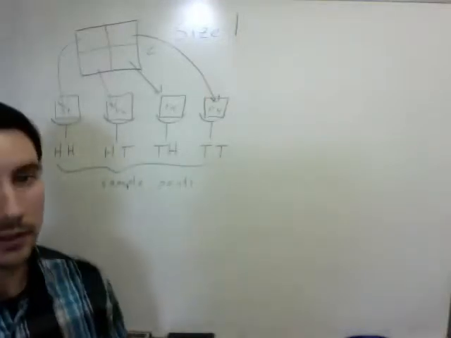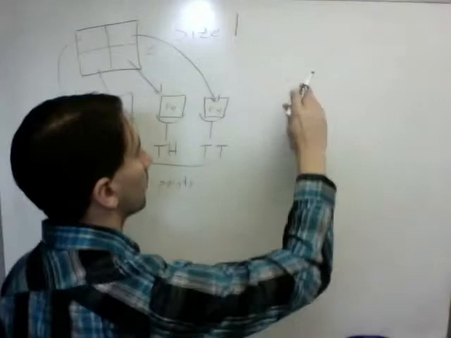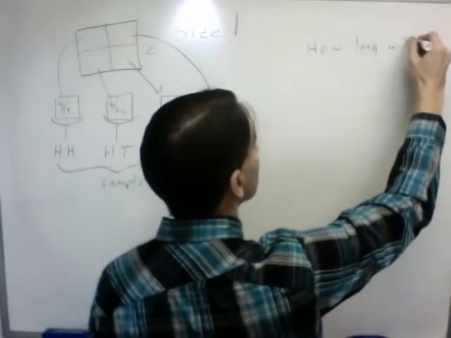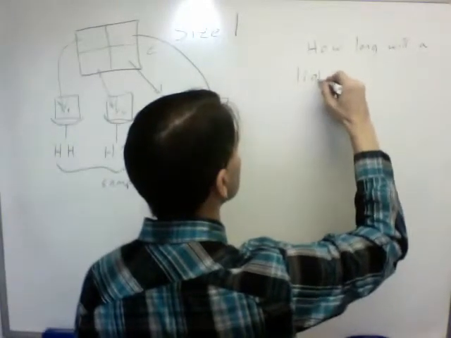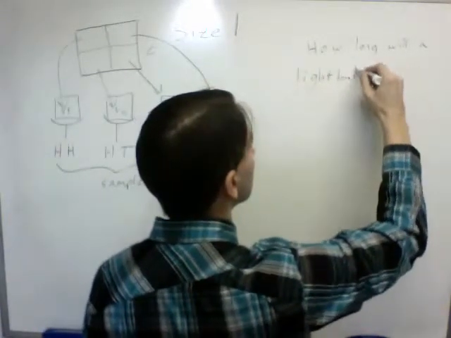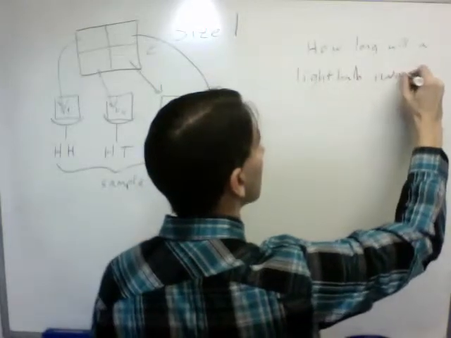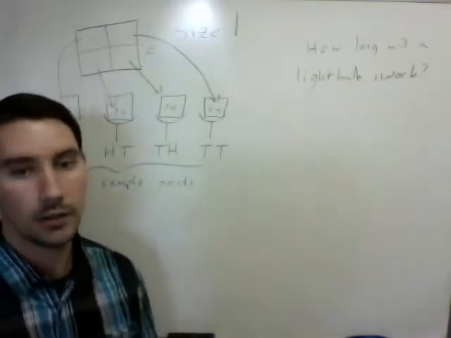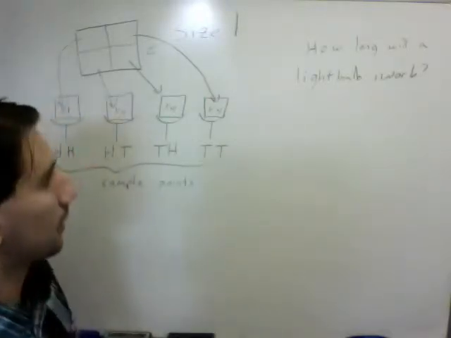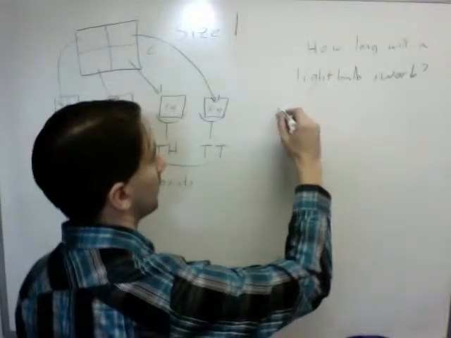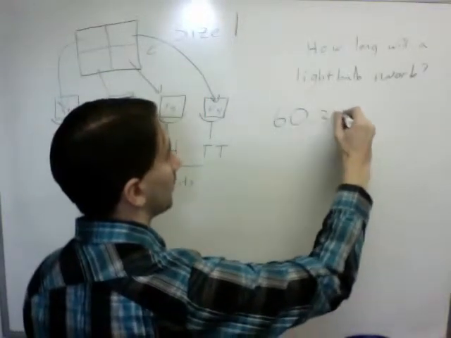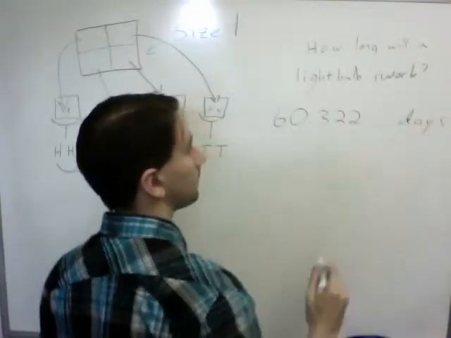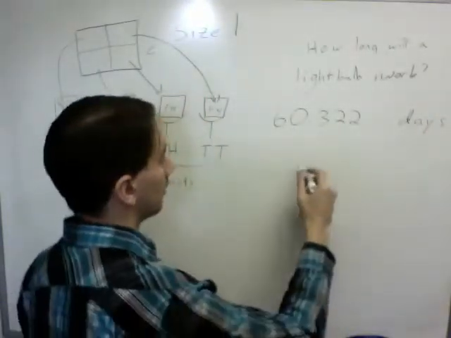But now let's talk about modeling something like how long will a light bulb work? And here, we can't just take some discrete set of points and give a weight to each point. A light bulb might work for, if we're going in days, it might be 60.322 days. Or say you're playing golf.